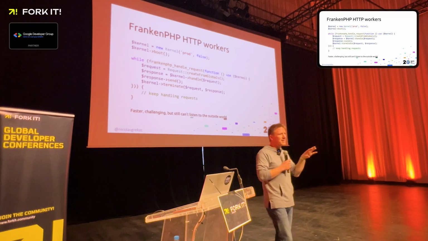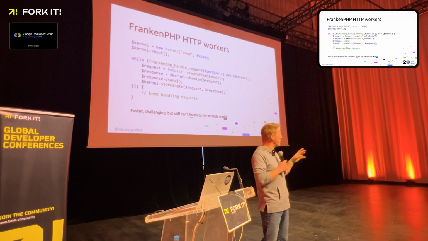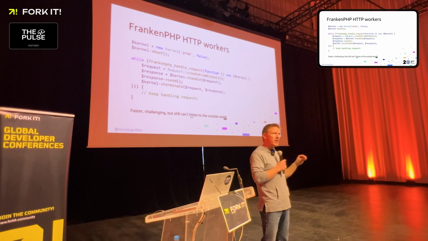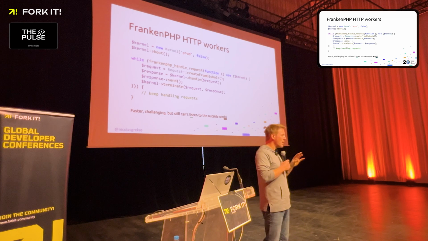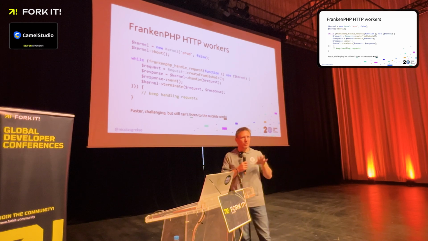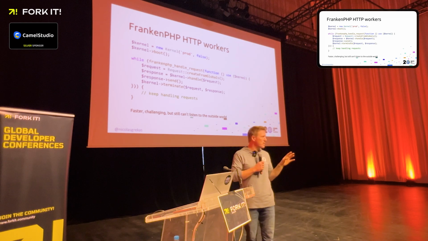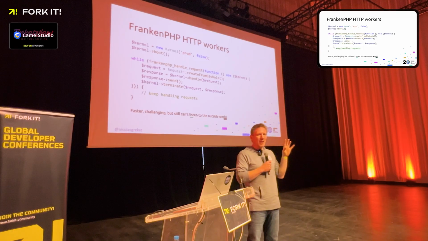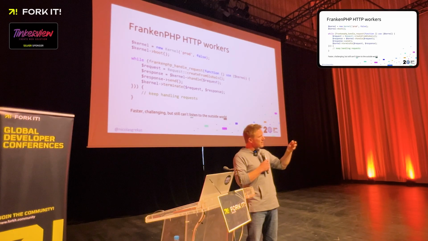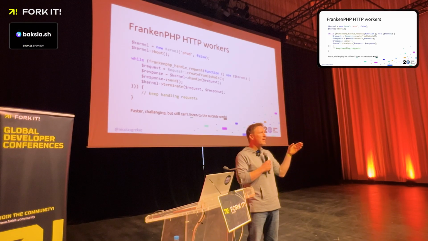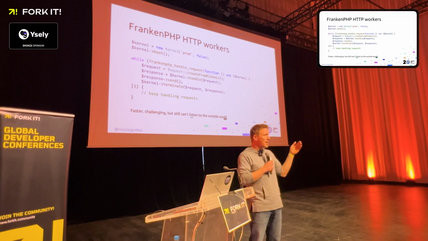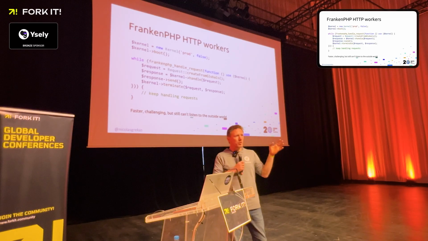It embeds Caddy, which is a very efficient Go HTTP server. It's featureful, like it replaces completely Nginx or Apache, whatever you're using. But then when a request comes in, FrankenPHP does the job to dispatch every request to an available PHP thread. And then there are two modes.